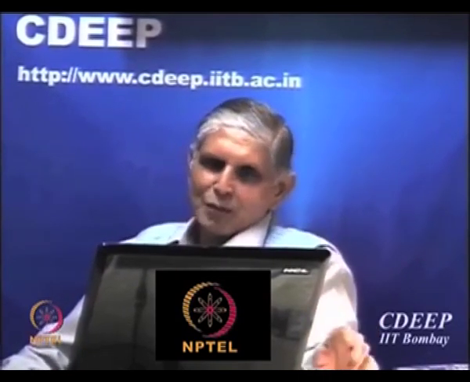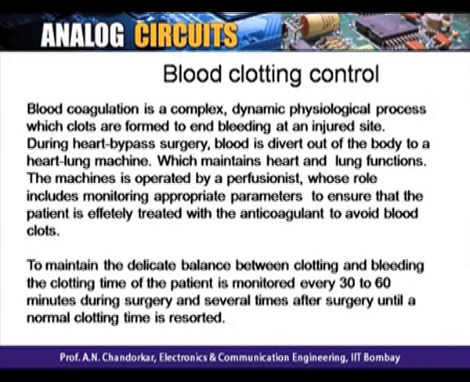Just I'll read quickly. I already said the person who operates this machine is called a perfusionist, whose role includes monitoring appropriate parameters to ensure that the patient is effectively treated with anticoagulant to avoid blood clots. And for at least 60 minutes this is being monitored.